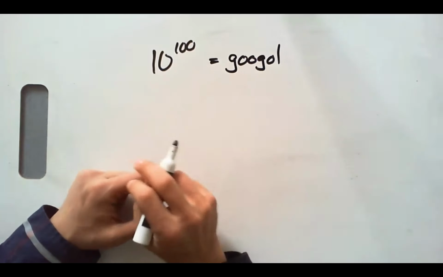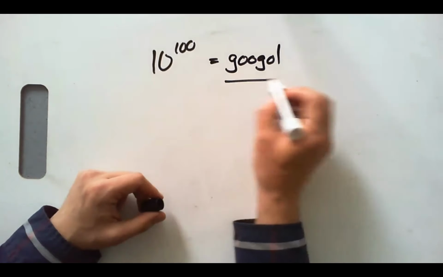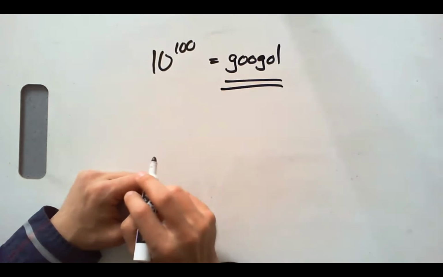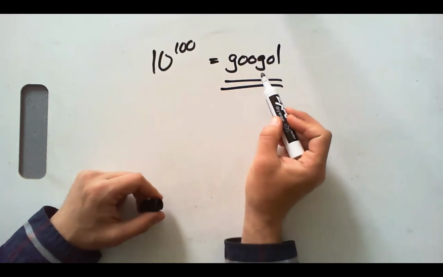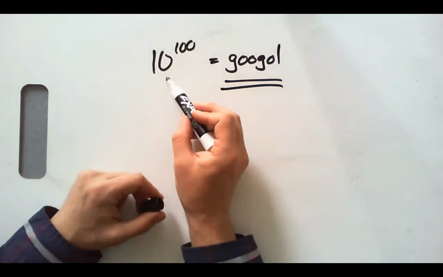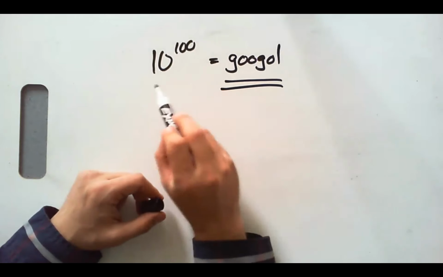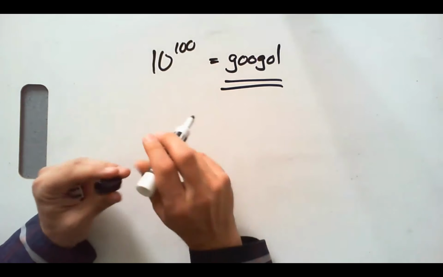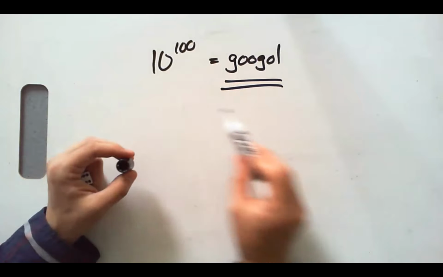This number is a googol, G-O-O-G-O-L. This is not the name of the search engine that you know as Google, but this is where Google got its name. The name for 10 to the 100. They just changed the spelling a little bit. But this is a googol, and it is a very large number, right? 1 with 100 zeros on it.